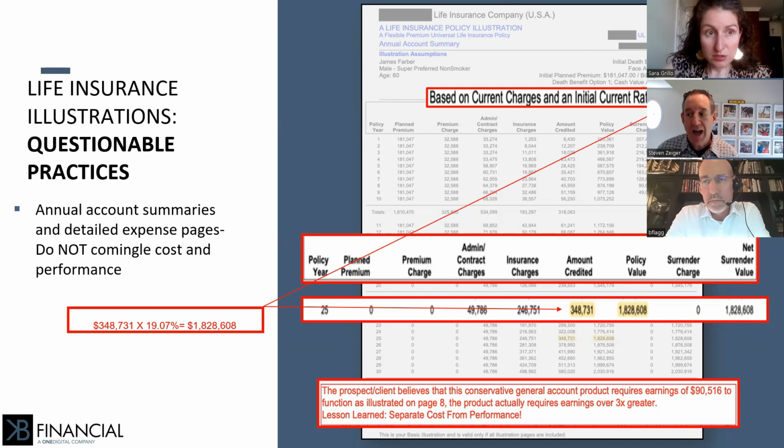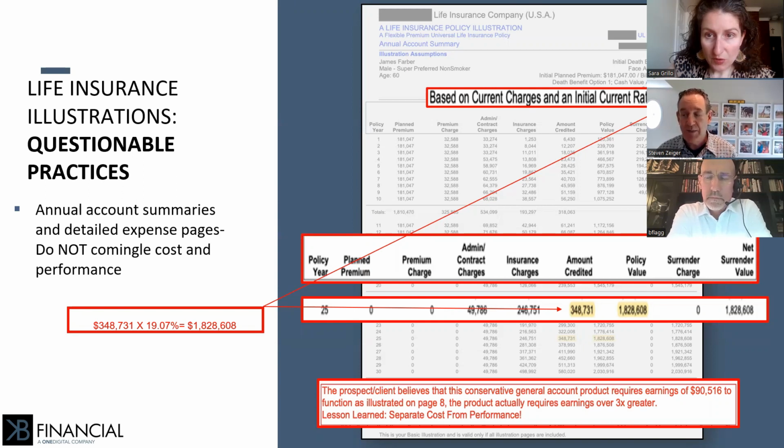We're not here to say whether this insurance company can credit 19.07% or not. What we're trying to point out is that unless you look at this report, you'll never know that what looks like a 4.95% conservative rate of return is actually an aggressive 19% rate of return. And it's impossible to figure out from the illustration.